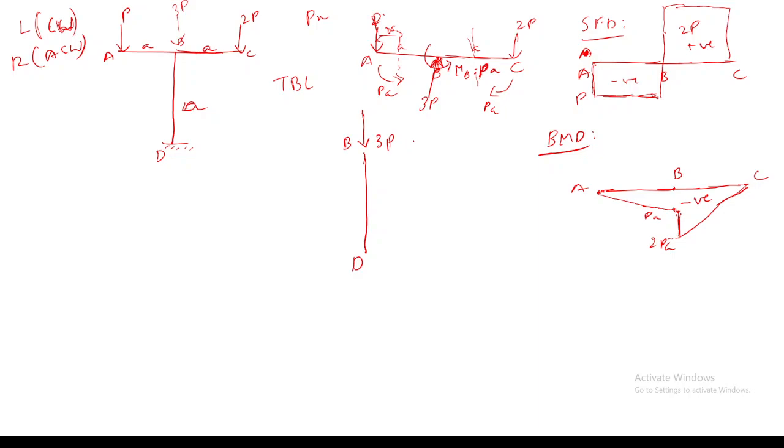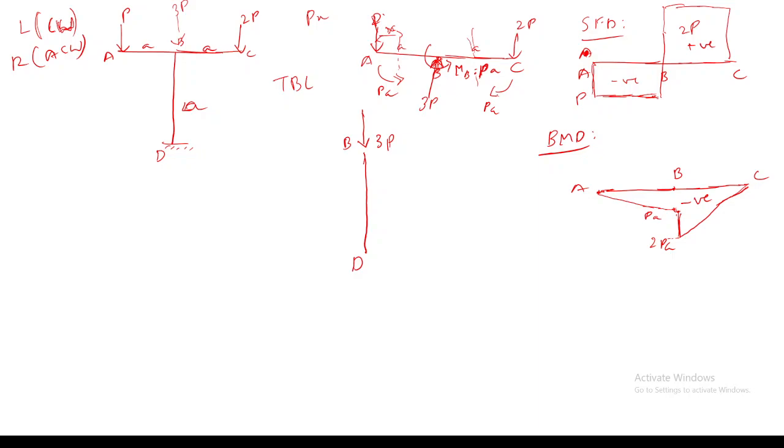Sir, for member ABC, since the final output is negative, we are giving a positive moment at B, the reaction moment. You are talking about this PA value? Yes. Generally the reaction would be opposite to the net moment.